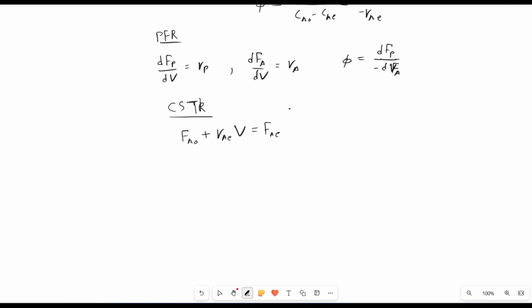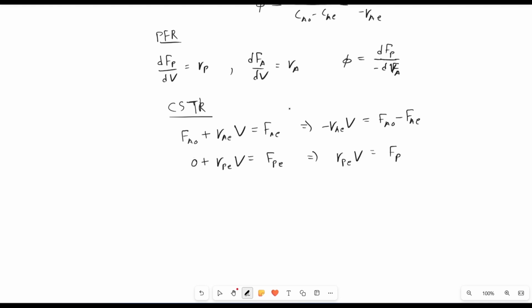There is no inlet of Fp, so Rp exit V equals Fp exit. Then the above expression can be written as minus Ra exit V equals Fa naught minus Fa exit, and for the product, Rp exit V equals Fp exit.